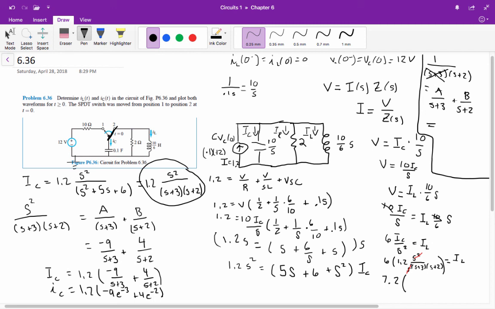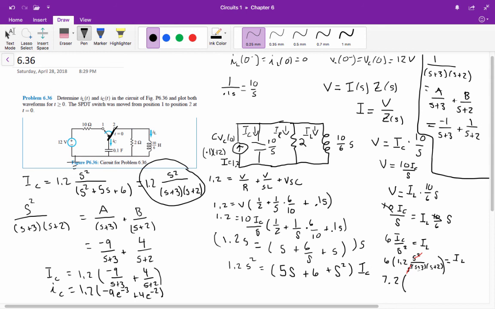So negative 3 is 1 over negative 3 plus 2. That's negative 1. So this is negative 1 over s plus 3. Now to figure out b, I'll plug negative 2 into here, and I get 1 over 1, which is 1. So b is 1 over s plus 2.